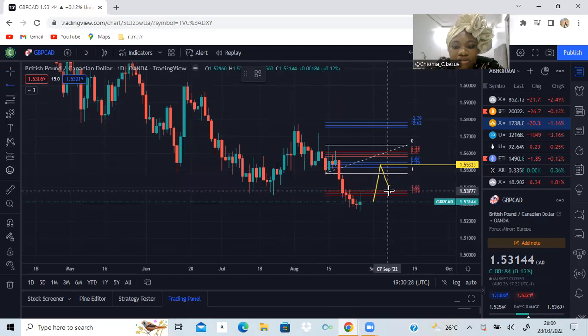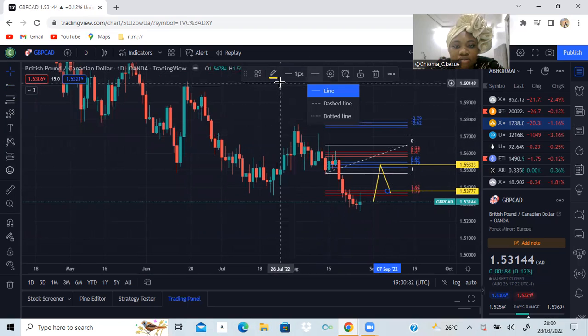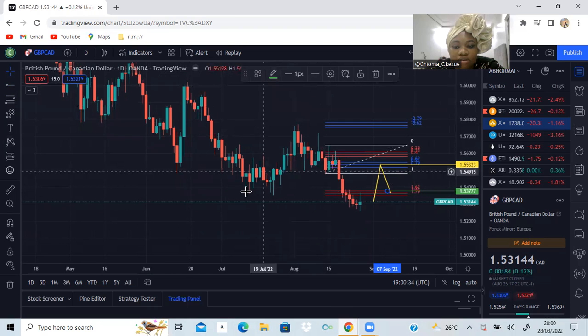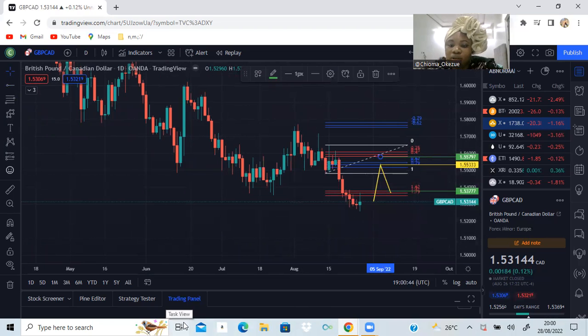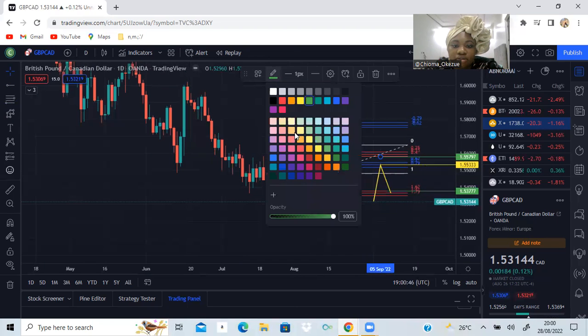Let me make it green. And then our stop loss right there. Or let's make it red for stop loss.